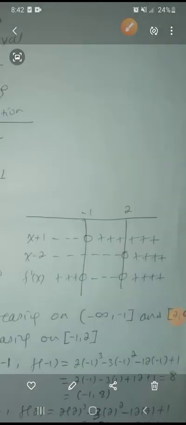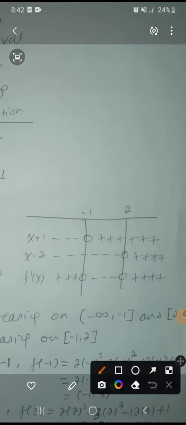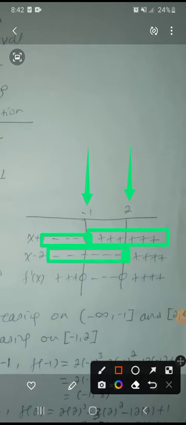So to find the monotonicity intervals and the local extremes, we have to sketch the sign chart first. Remember that -1 and 2 are critical numbers, so x + 1 is 0 at x = -1, so it will be negative if x is less than -1 and positive if x is greater than -1. x - 2 is 0 at x = 2, so it is negative if x is less than 2 and positive if x is greater than 2.